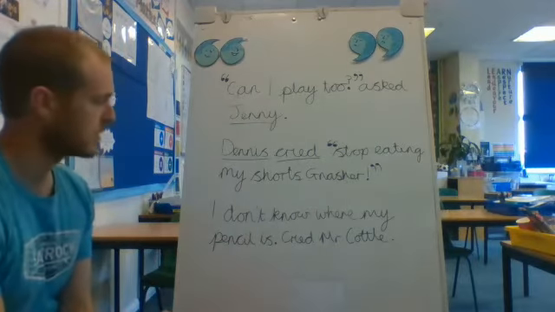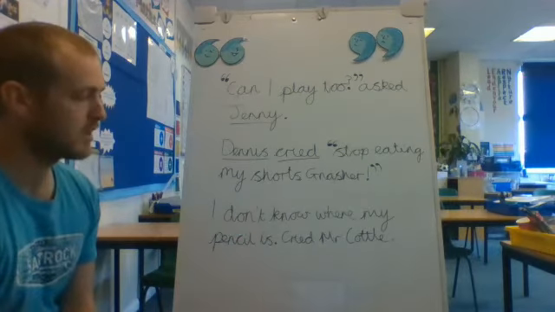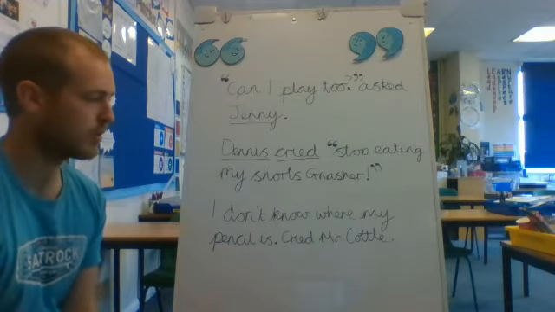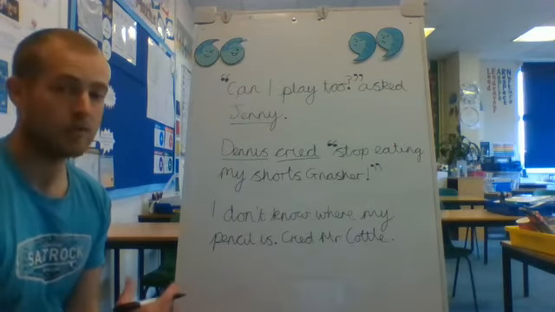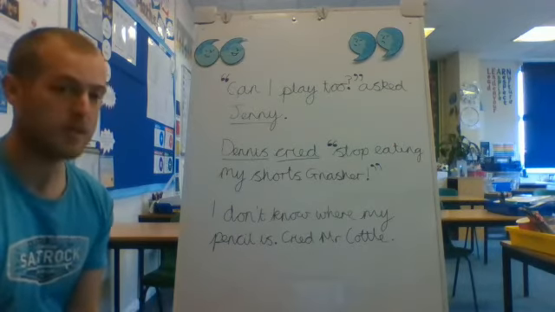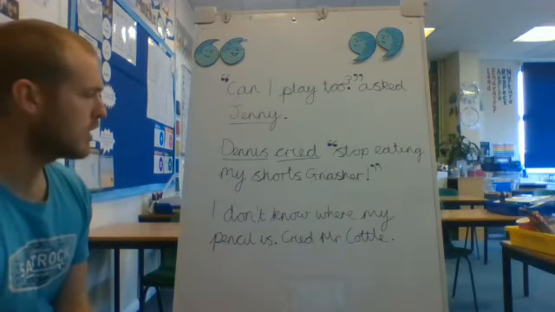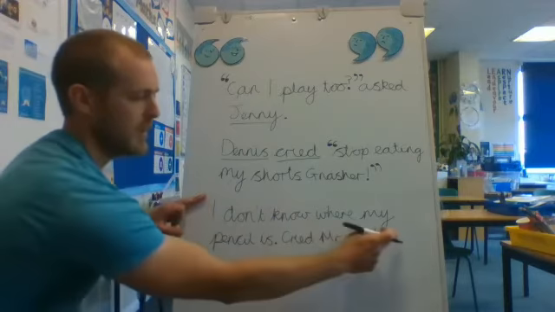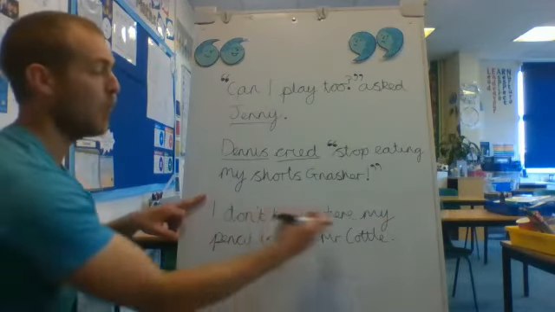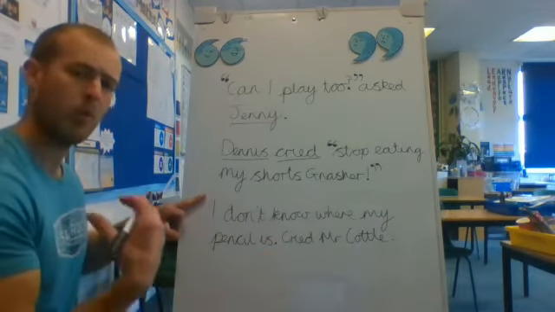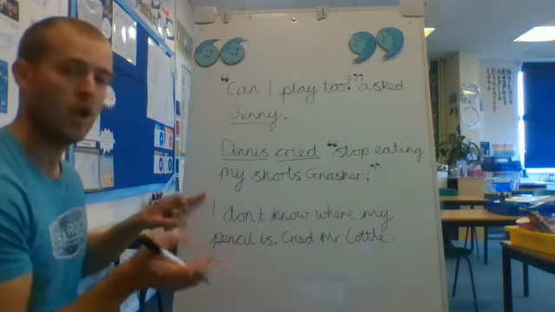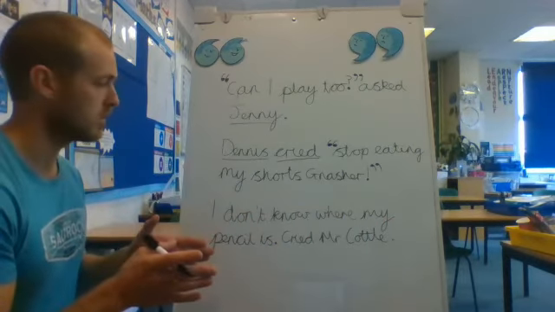Okay, last sentence. I don't know where my pencil is, cried Mr. Cottle. Okay? And I was really upset the other day when I lost my pencil. So, I don't know where my pencil is, cried Mr. Cottle. If I was to put speech marks at the start and at the end, it means that I would have to say all of that. But what we want to do is to show the reader just the words which are spoken.